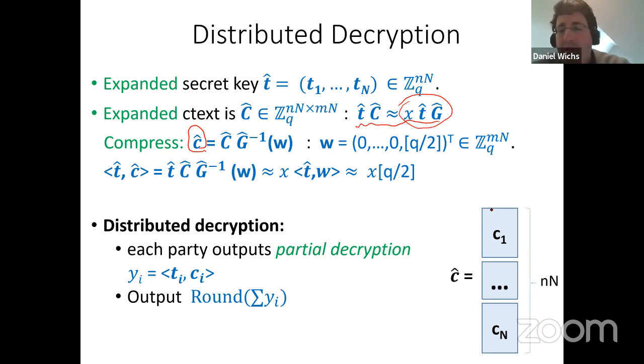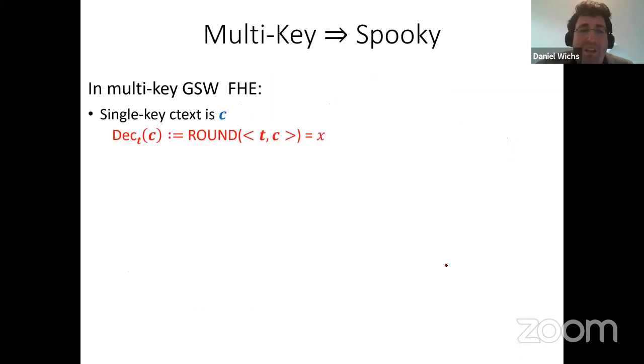The output of this encryption, this ciphertext C hat, which was the result of the homomorphic evaluation, actually does consist of an individual ciphertext. And essentially what we're doing is just decrypting them, just taking the inner product and summing up. But there is a little bit of a discrepancy. So let's see what the discrepancy is. It seems like we're almost there, but not quite.